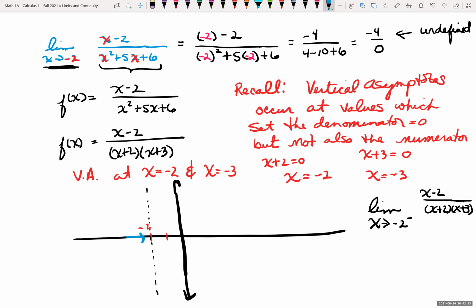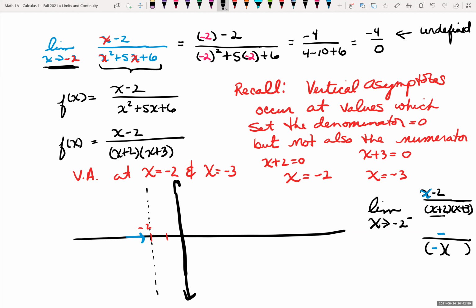So let's just talk about the numerator. If we plugged in an x value that was close to negative 2 on the left, so again, negative 2.1, negative 2.1 minus 2, that would give my numerator to be a negative number. Divide by, well, if I plug in negative 2.1 or something to the left of negative 2 into this x plus 2, notice that that's also going to be negative.